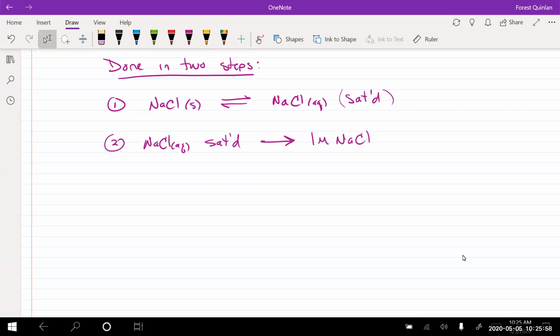Hold on. Okay. So if I have two steps, then I have two delta G's. Watch this. I love this part. This is the Gibbs free energy of dilution.